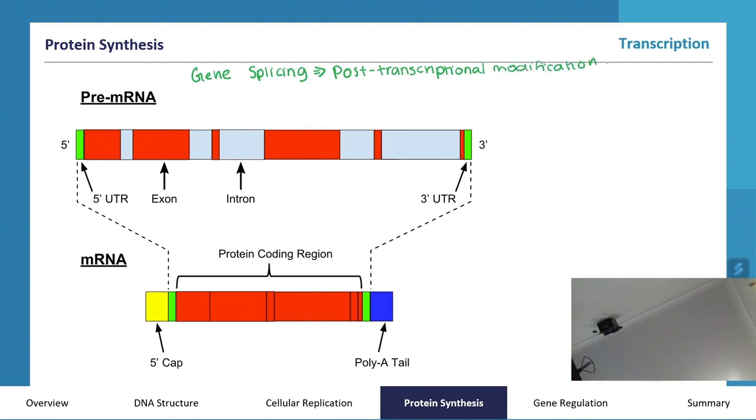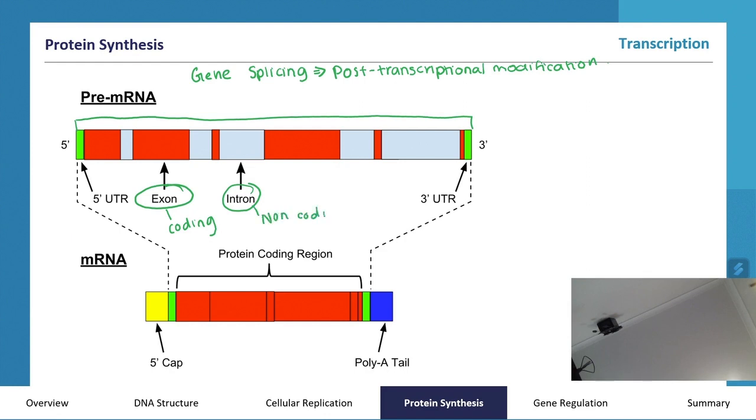But basically, you end up with the original strand of pre-mRNA, which contains a mixture of both exons, which remember are our coding regions, and introns, which are our non-coding regions. Obviously, if you're trying to code a protein, you only want coding regions of DNA in there, otherwise you run the risk of mutation or the creation of a wrong protein.